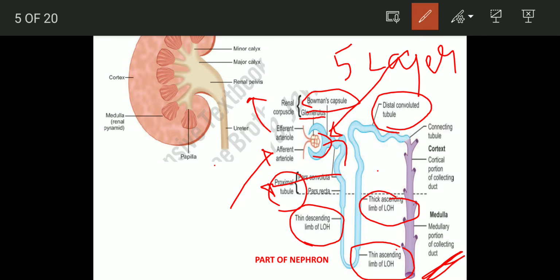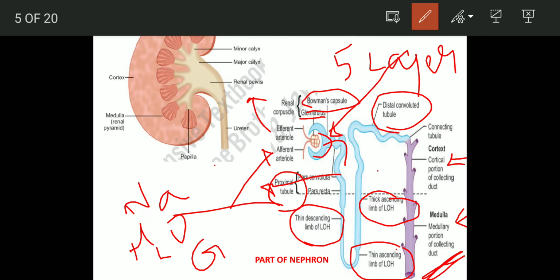In the cortical duct you have 2 parts. One is the medullary part, and one is the cortical part. So you have all these parts. In these parts there is different reabsorption of different electrolytes. Suppose in the proximal tubule, sodium, water, and glucose are all getting reabsorbed.